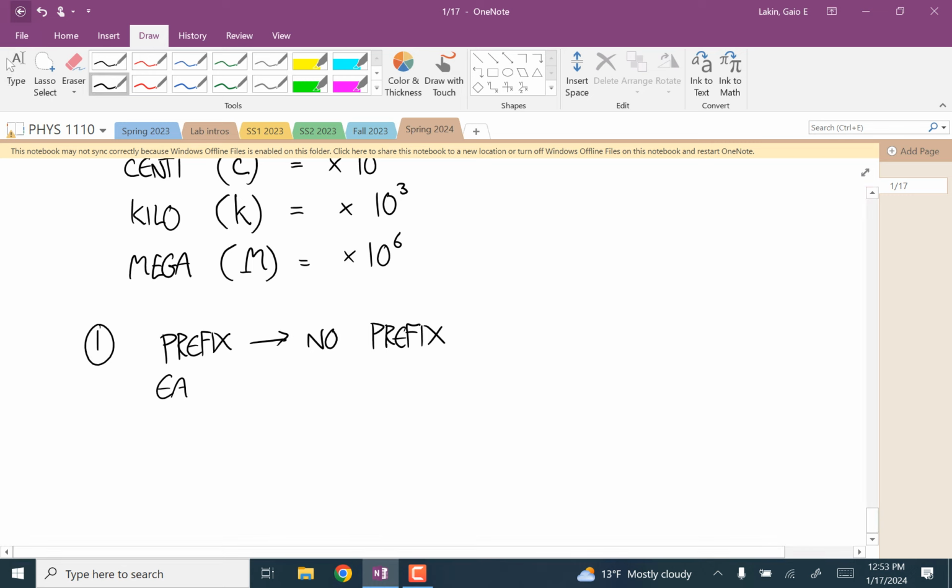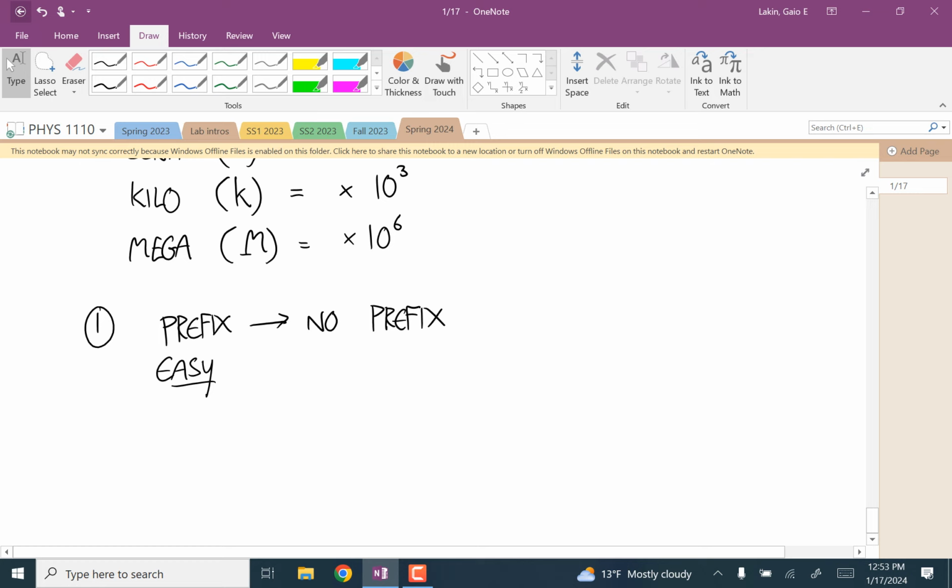This is the easier one. And all you do in this case is replace the prefix with its meaning.